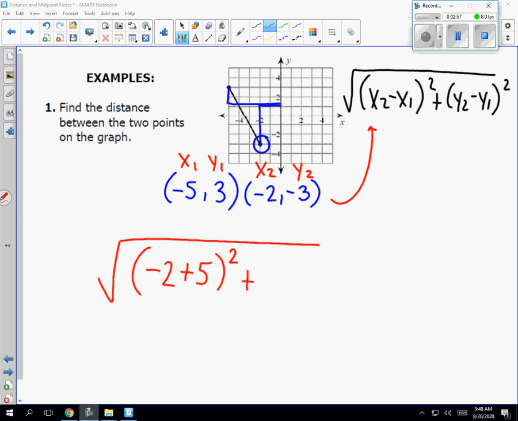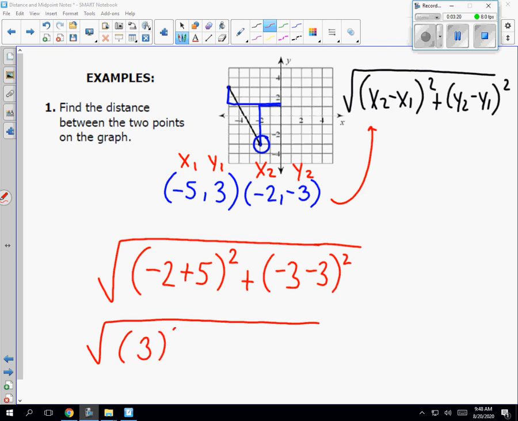And then plus y2 minus y1, which is -3 minus 3, squared. Now all you do is plug this into your calculator. If you remember PEMDAS, parentheses go first. So -2 plus 5 is 3 squared, and -3 minus 3 is -6 squared.